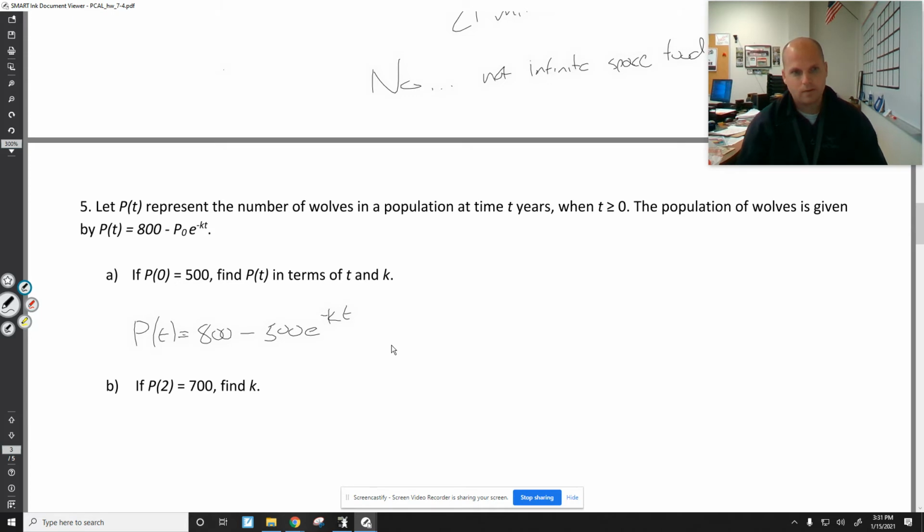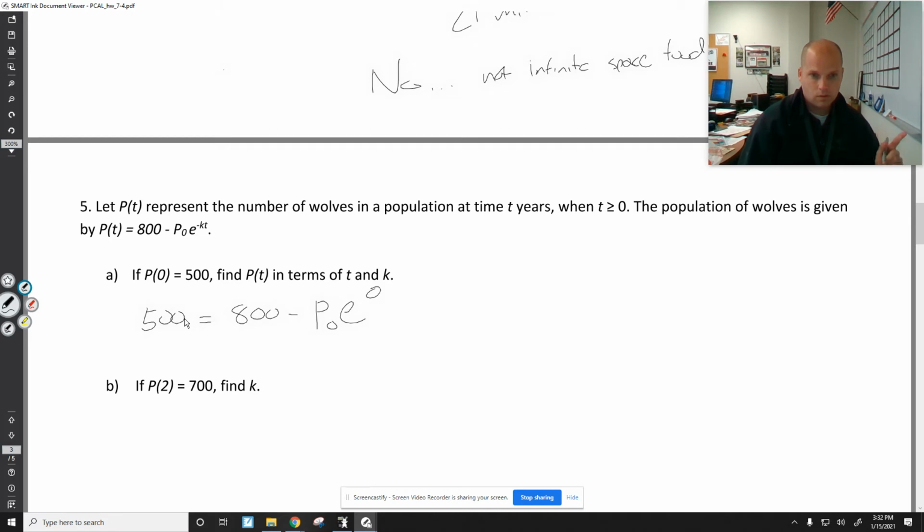To show that though, it might not be obvious that P of 0 is 500. If I plugged in 500 for P of t, I plugged in 0 for t, I get P of 0 e to the 0. E to the 0 is 1. P of 0 is not 500.